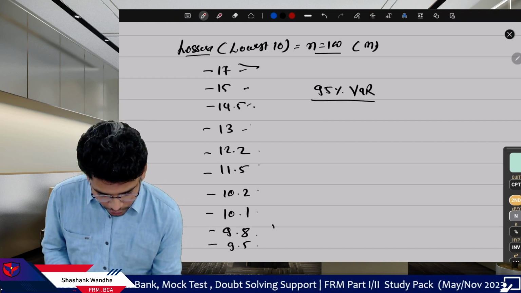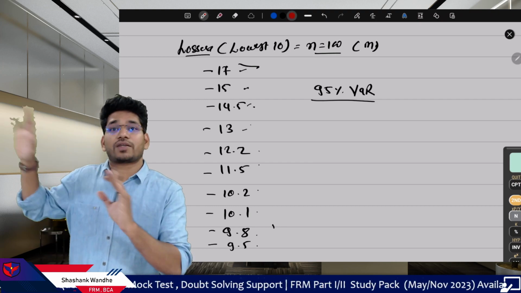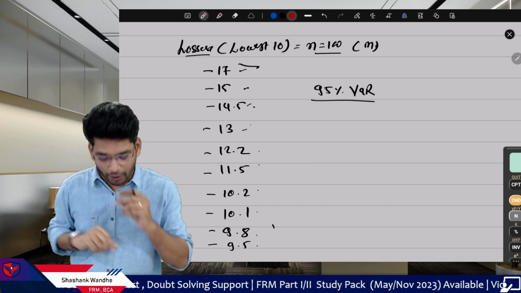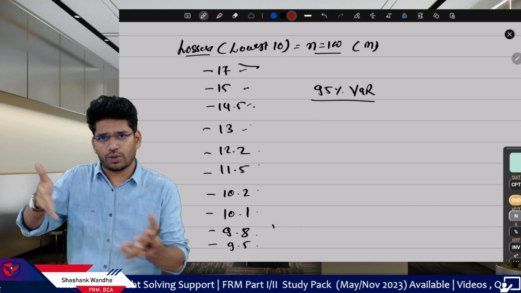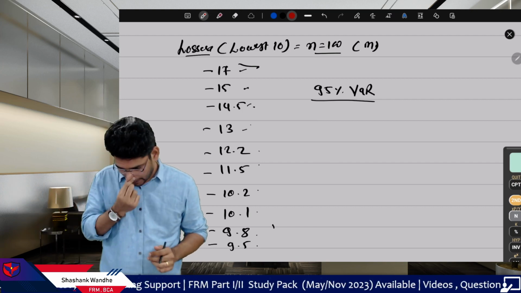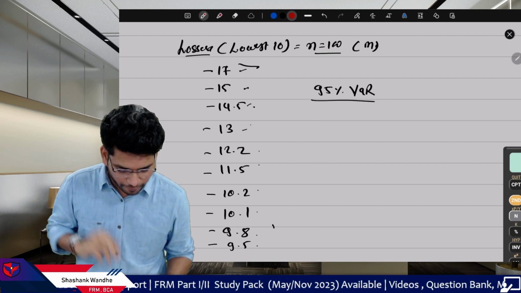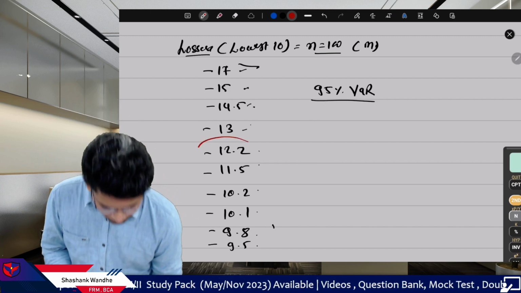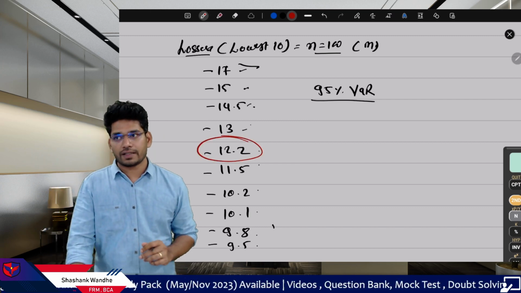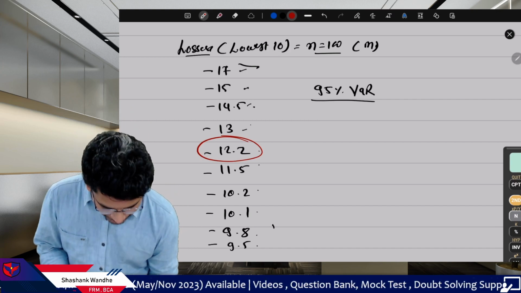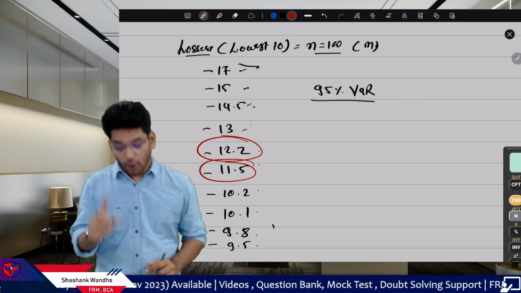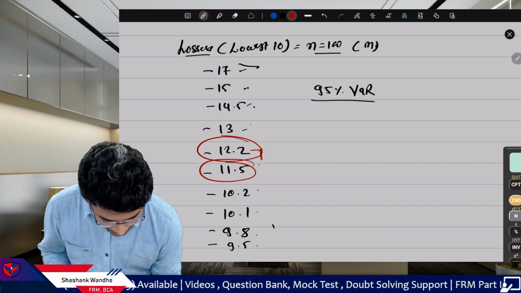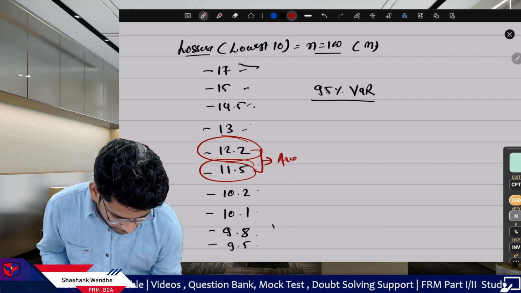Should we take this fifth value as value at risk, or should we take this other value as value at risk, or should we take the average of these values?